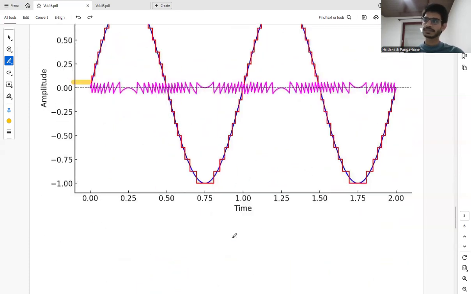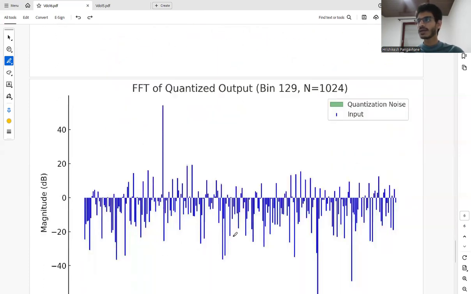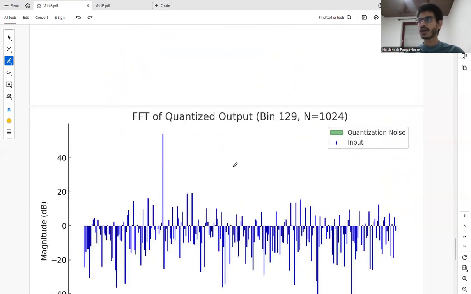Yeah, perfect. We can also look at the FFT of the quantized output. Let's say we have taken the bin 129, so this is our signal lying on bin 129, and we can see the noise looks like this. Even this is the practical ADC, right?